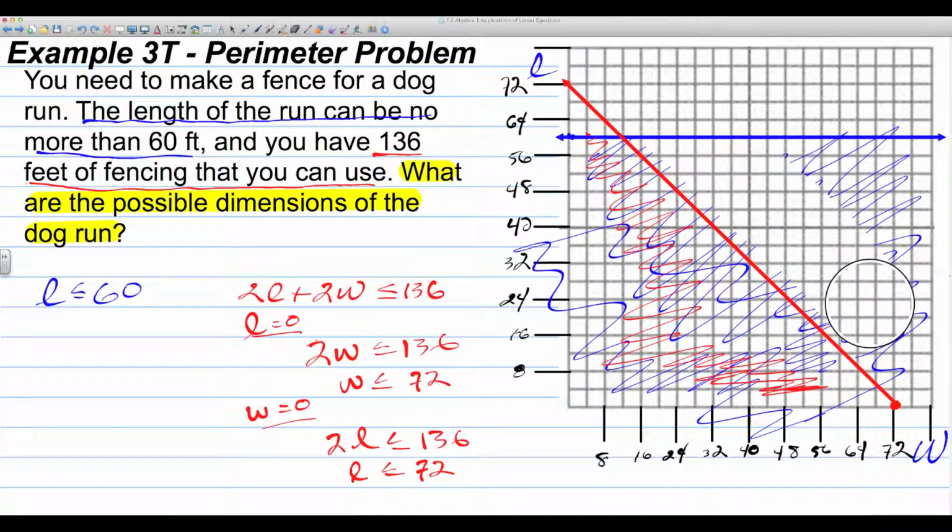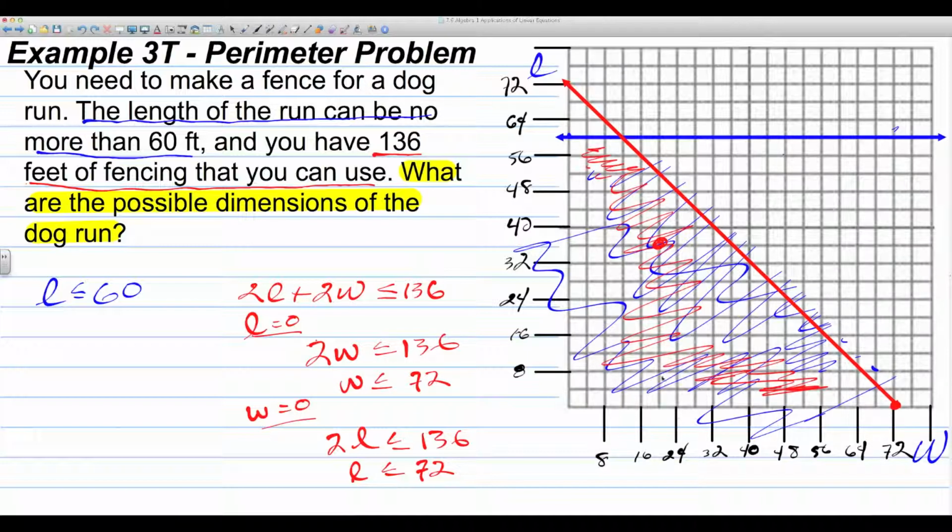And over here, you can really see the solution is everything below this line, and I didn't mean to erase there. Okay, but everything on that line and here in this double shaded region, any ordered pair would be a possible solution.